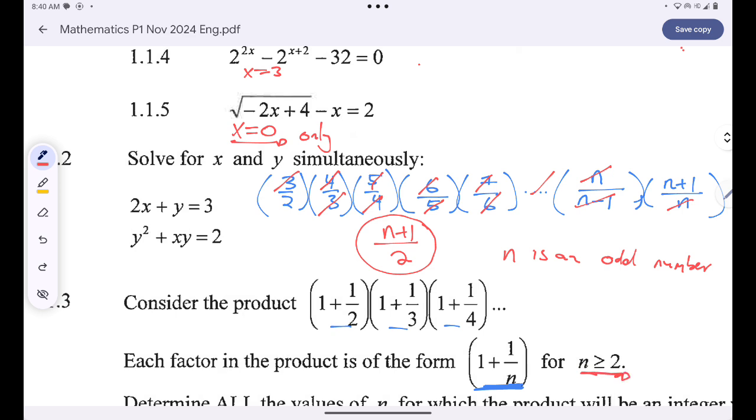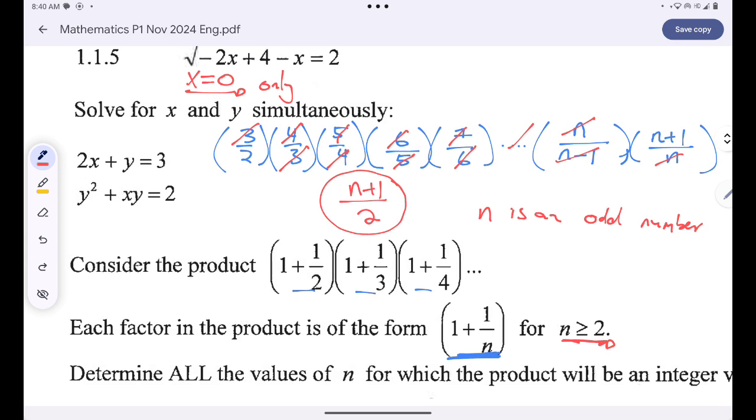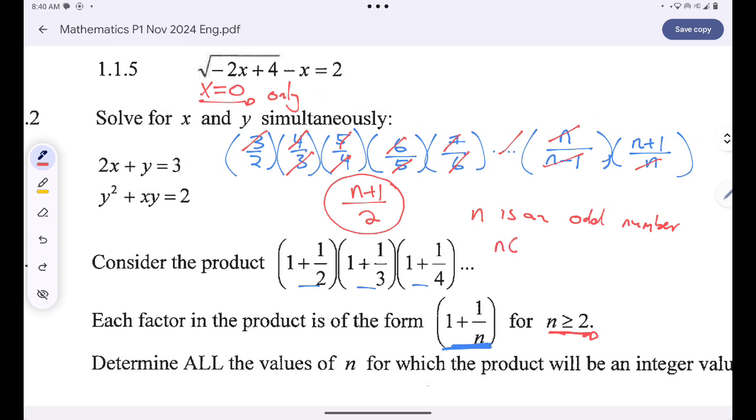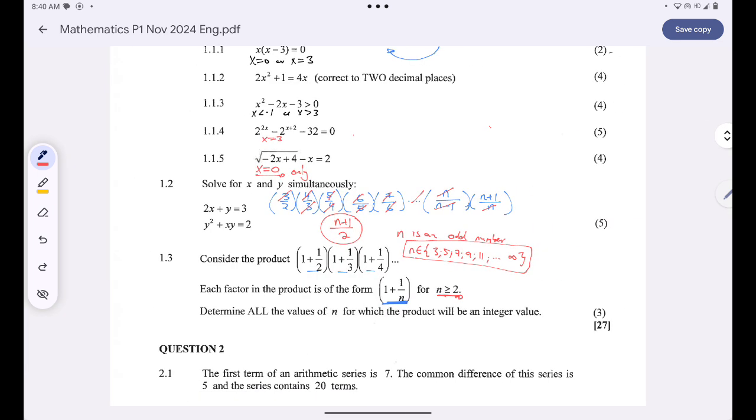They said that n is greater or equal to 2. So n is an element of 3, 5, 7, 9, 11 until infinity, guys. Just write down all the odd numbers starting from 3 until infinity. So n will simply represent all of those odd numbers. That's how, guys, you're supposed to tackle this question.